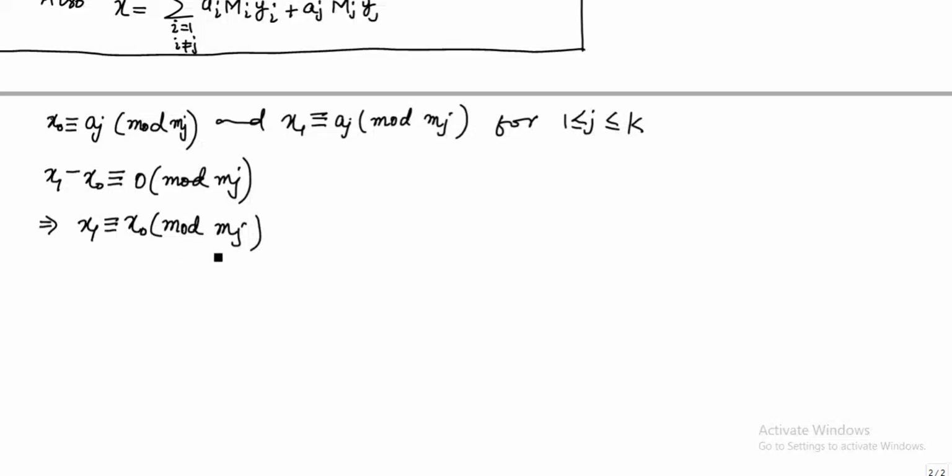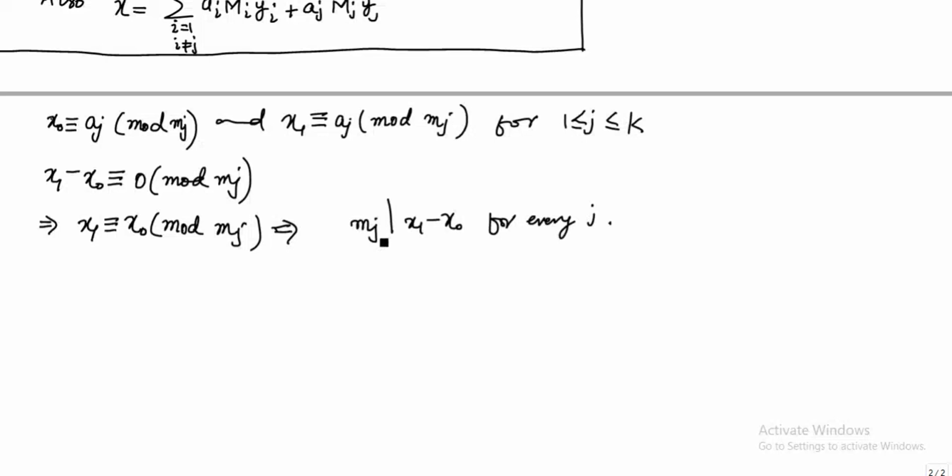Or we can write x null is congruent to x1 modulo mj. Because this is a congruence, if we apply the definition of congruence, we can write mj divides x1 minus x null for every j.